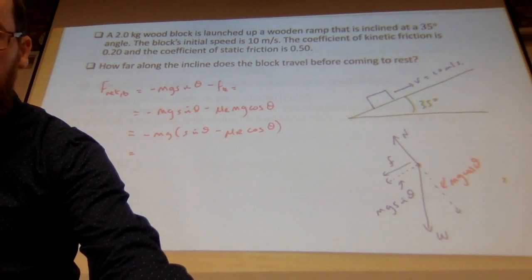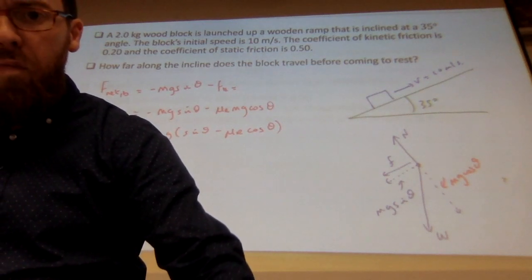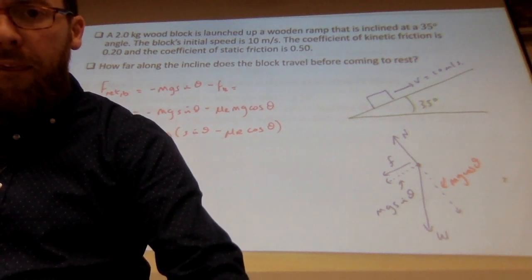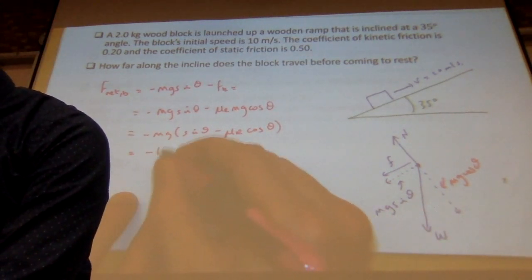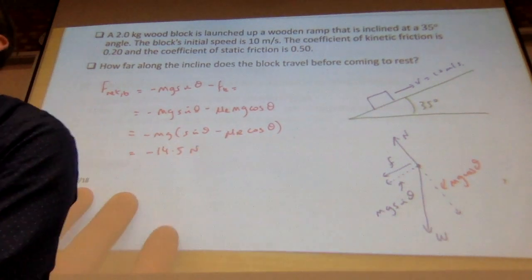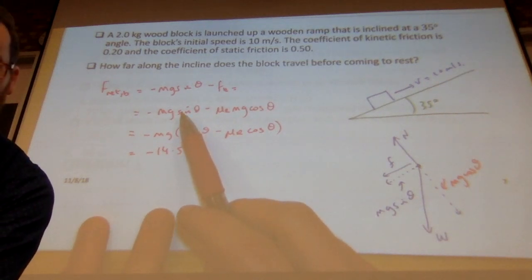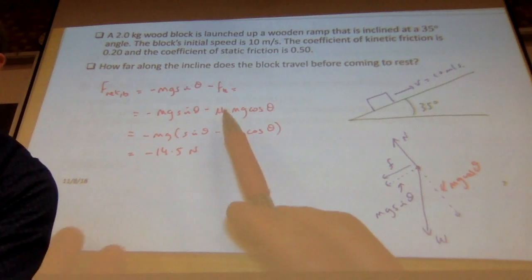And you should end up with negative 14.5 newtons. So about 11.2 for the weight, and then another 3 for the friction.